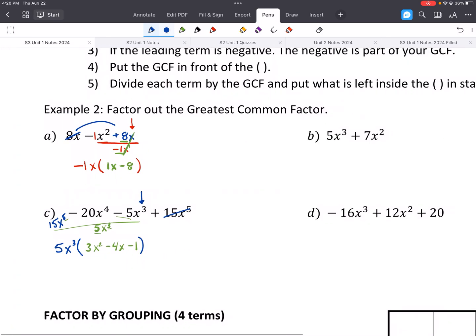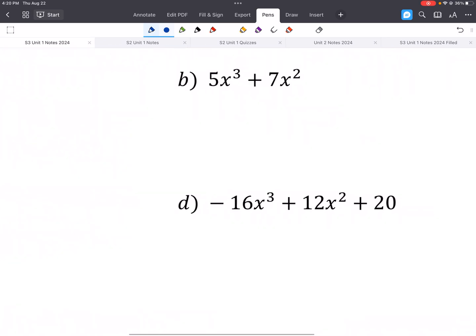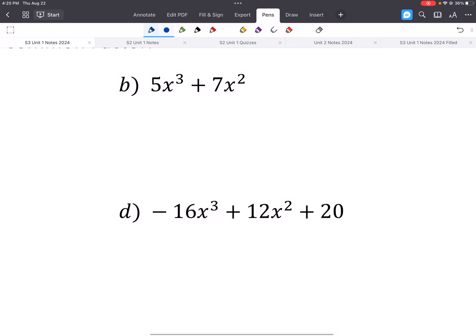There's a couple extras over here. Really the only thing you want to make sure of, there could be cases where the greatest common factor is just a variable, or you could have like 1x squared. For this last example, we do have a leading negative. The greatest common factor for the numbers would be 4, but there's not a greatest common factor for the variables. So like this last term, it's just a constant.